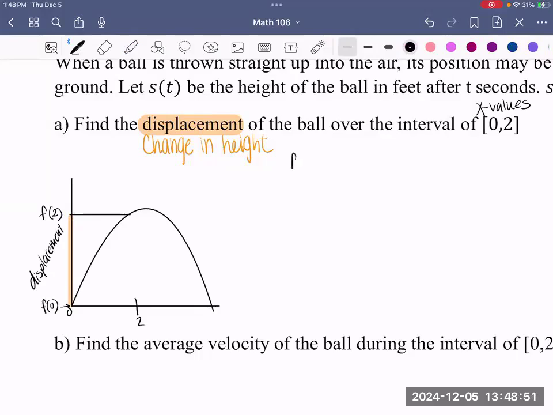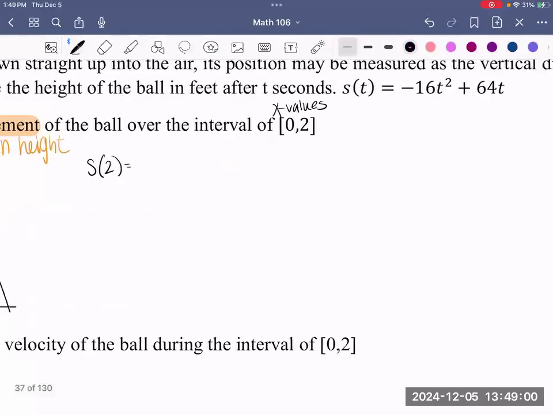So first, let's find f of 2. Or in our case, it should be s, since that's the variable that you're using. So it says negative 16 times 2 squared plus 64 times 2. So we should get negative 16 times 4 plus 128, which is equal to negative 64 plus 128, which is equal to 64.